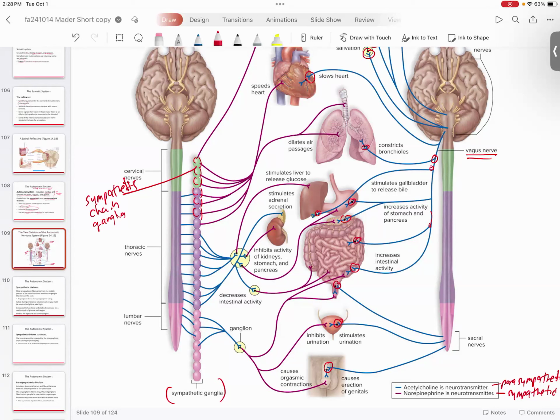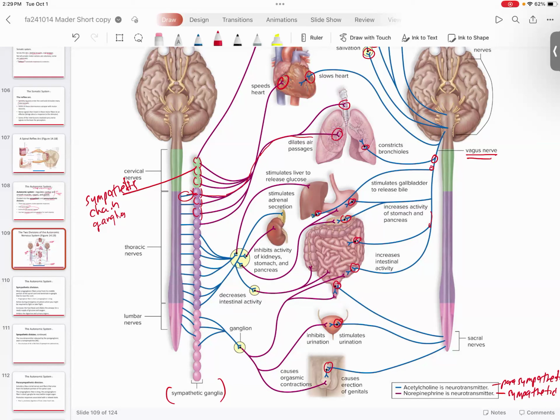So what you have is essentially a pre-neuron, right? That's going to go to a particular ganglion, a sympathetic chain ganglia, and then from there it's going to have another neuron that's going to go to the organ of choice. In this case, you can see that it's going to go to the lungs to increase breathing, go to the trachea, it's going to go to the heart to speed the heart rate up.